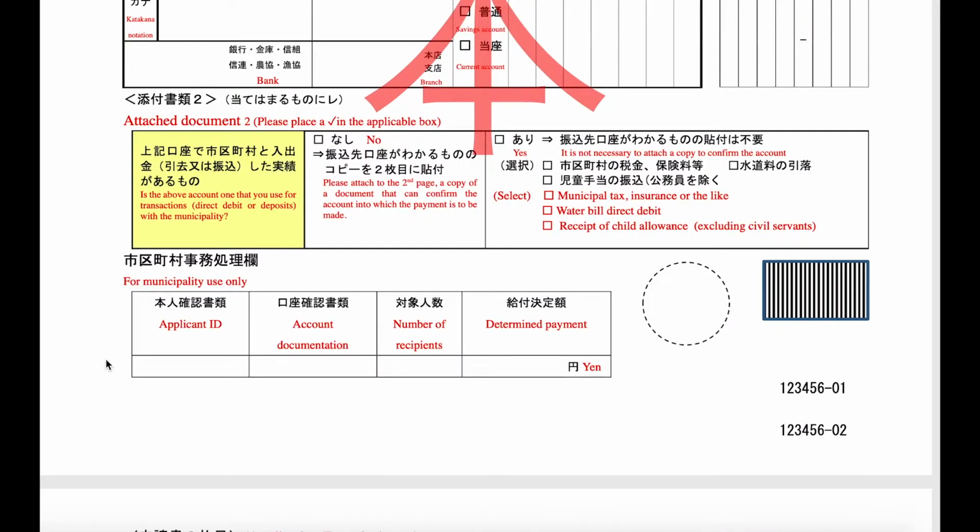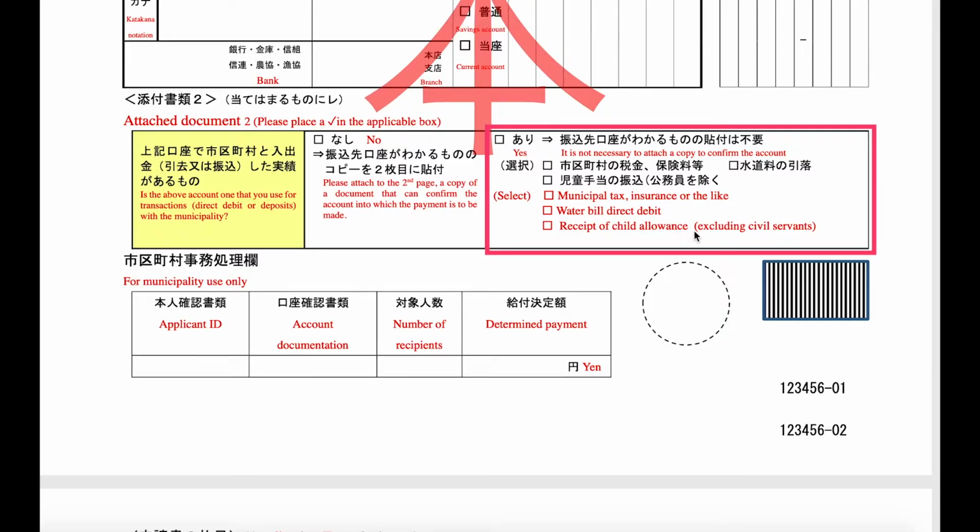With the banking details with these application forms, you're going to be asked whether or not the details that you've entered in the section above are for an account which you are using to pay your municipal tax, insurance, pay water bills, or take receipt of childcare allowance.